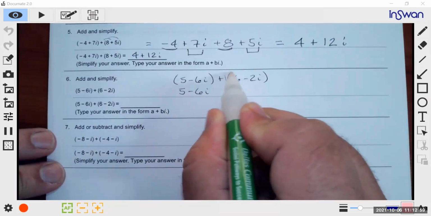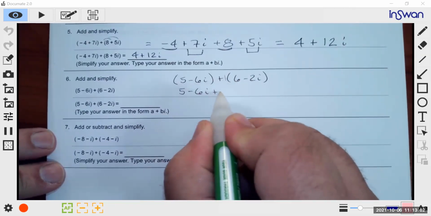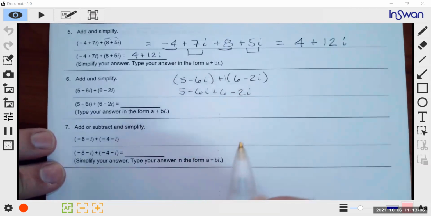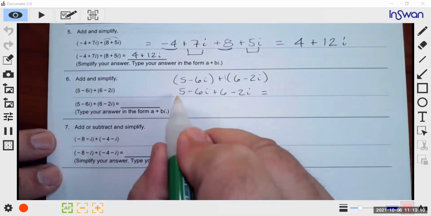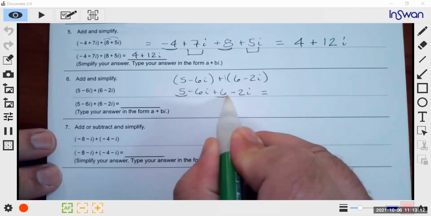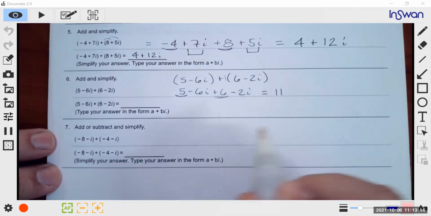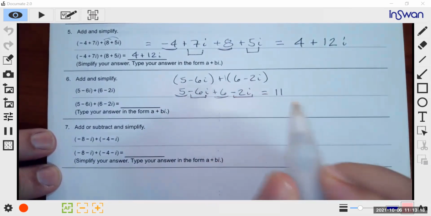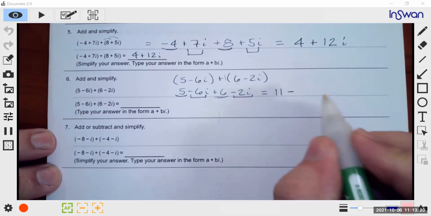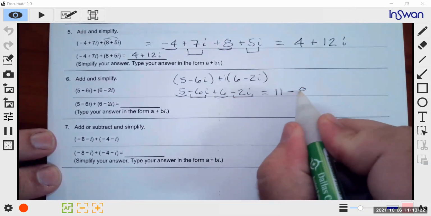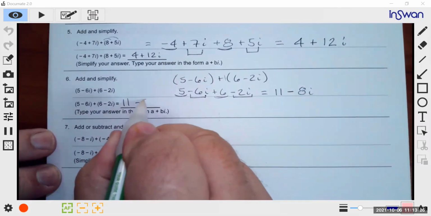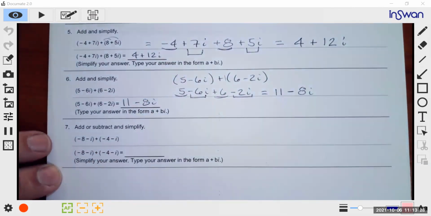Same with the second. Positive 1 times 6 is 6. Positive 1 times negative 2 is negative 2i. Combine like terms. 5 plus 6 is 11. Negative 6 minus 2, they're both negative, so the answer is negative 6 plus 2 is 8i. 11 minus 8i.